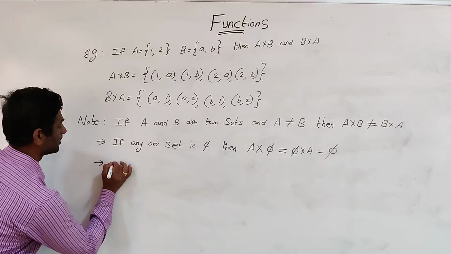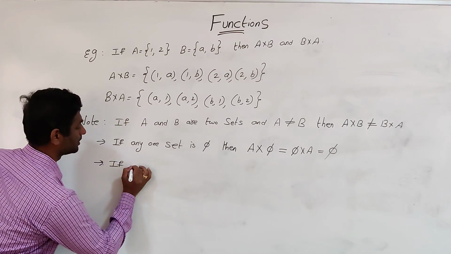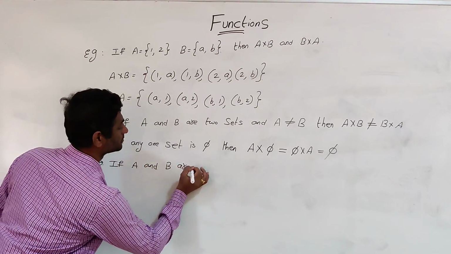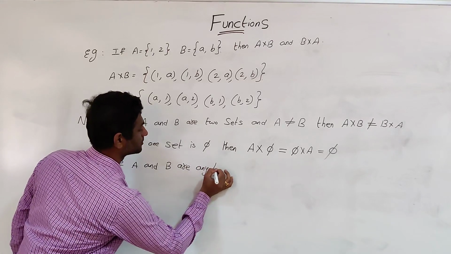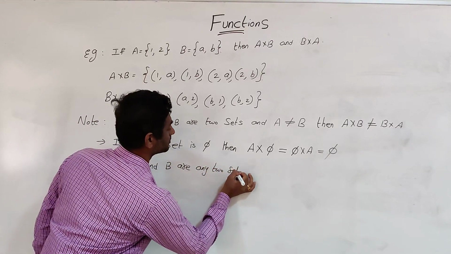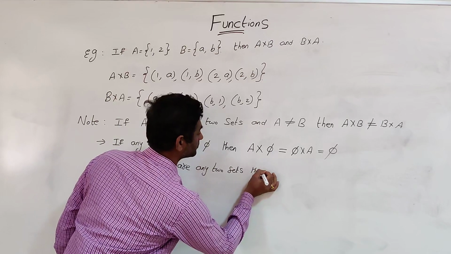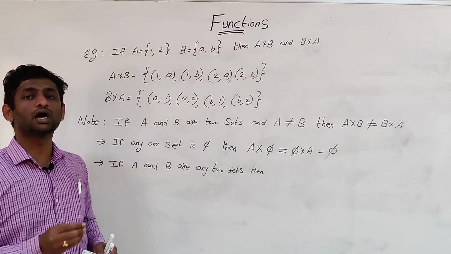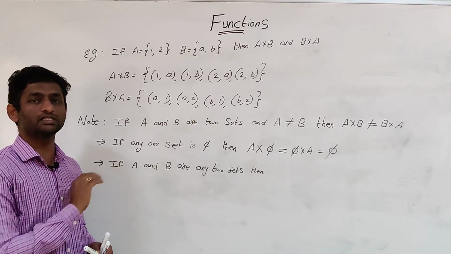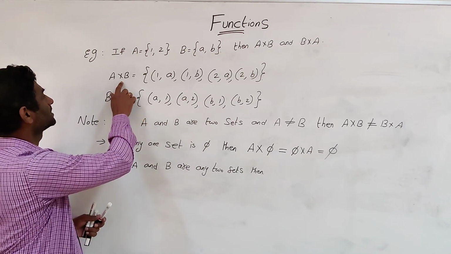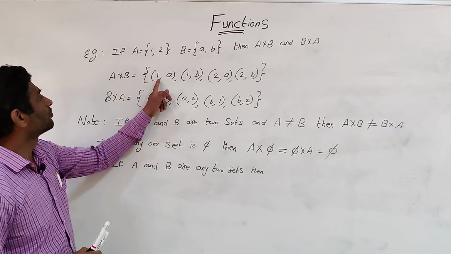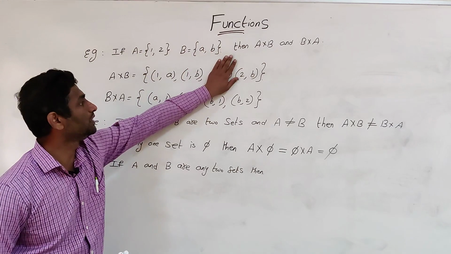Next, if A and B are any two sets, then how many elements exist in the Cartesian product? The number of elements in the product. See, for example, in A cross B, how many ordered pairs are there? 1, 2, 3, 4.